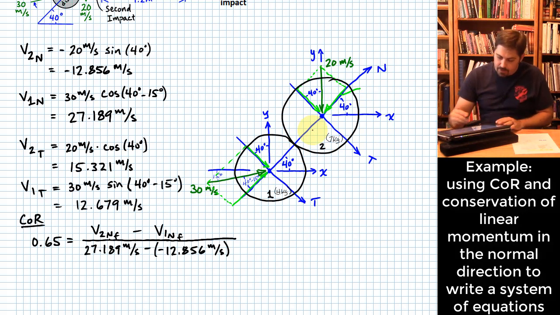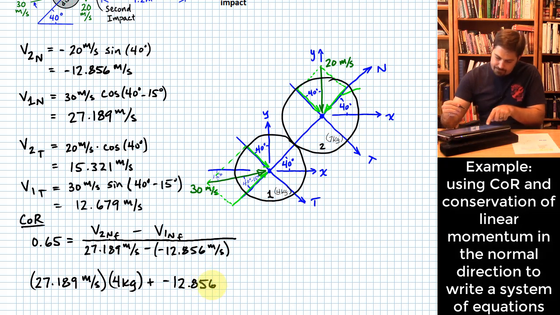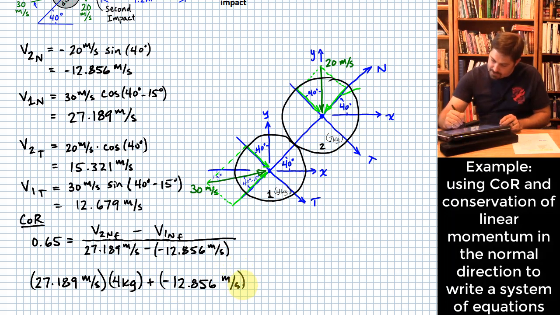We've got 27.189 meters per second, that's the velocity, times the mass of that body, so 4 kilograms. And to this we're going to add the velocity of the other one, which is minus 12.856 meters per second, times its mass, 7 kilograms.